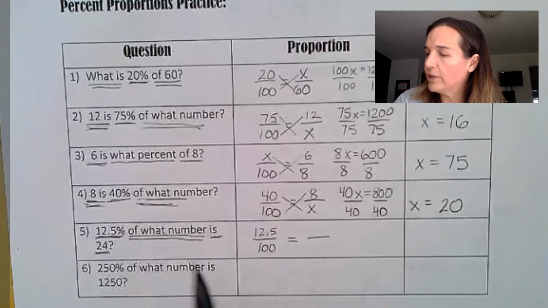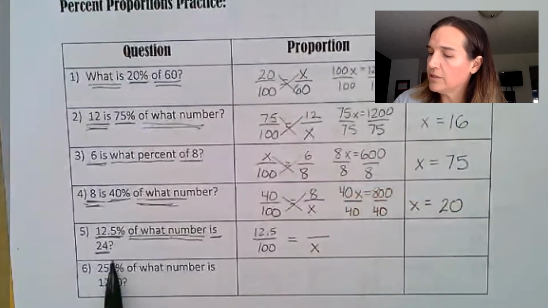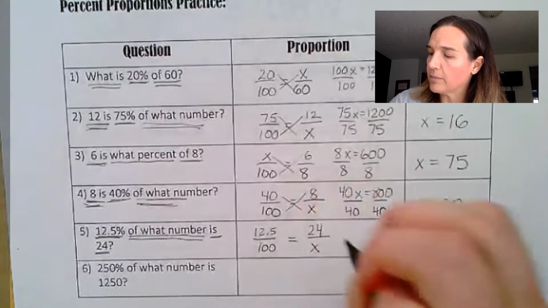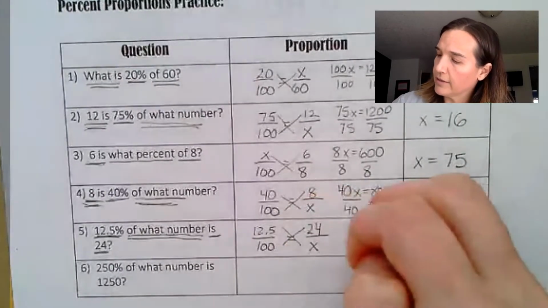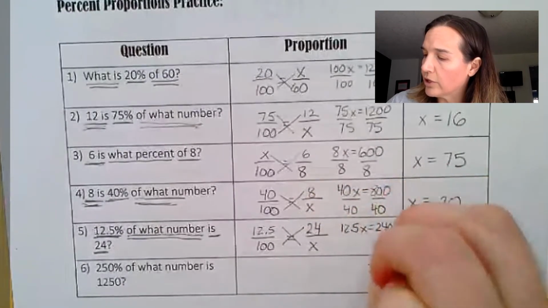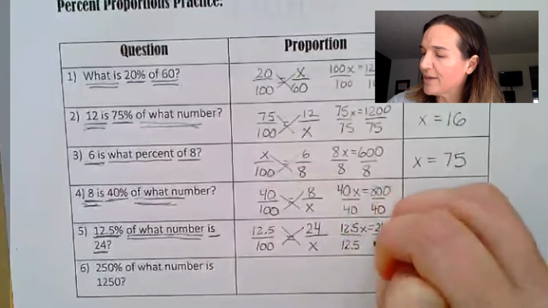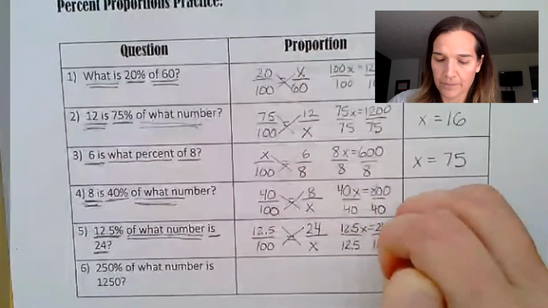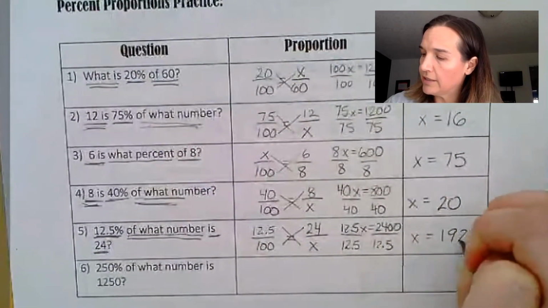So of what number, the of is the bottom, the denominator, and I don't know it. Is 24 will have to be my top number, my numerator. And then cross multiply. 12.5x equals 2,400. To solve for x, we get to divide both sides by 12.5. And when we do that, we get x is 192.